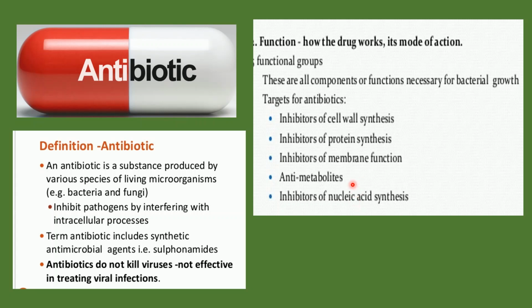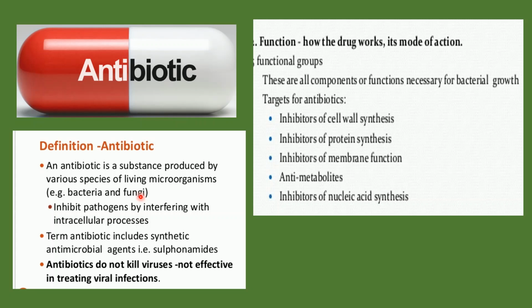Now remember children, antibiotics are effective only on the organisms which have a cell wall. So that means antibiotics are there only for bacteria and fungi. But these antibiotics will not be effective on the organisms without a cell wall.